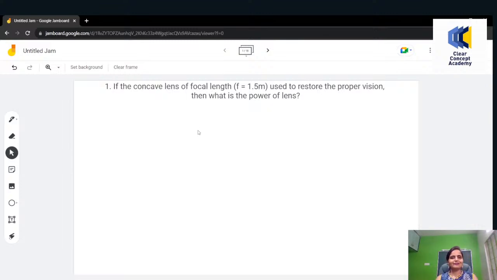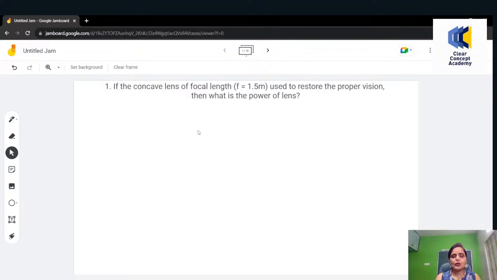Do you remember which lenses are used for which defect? For myopia, which lens is used? For correction of myopia, we use a concave lens. And if you recall the convention, the focal length of a concave lens is always negative.